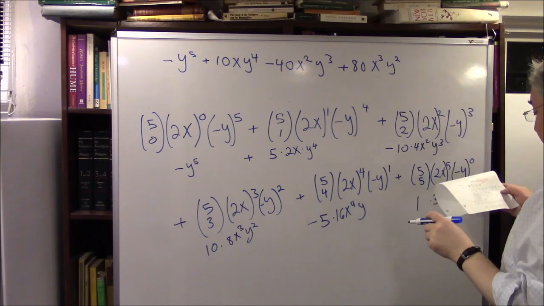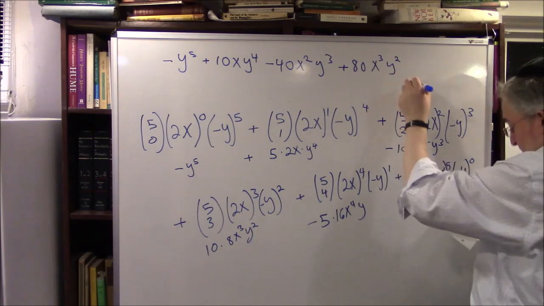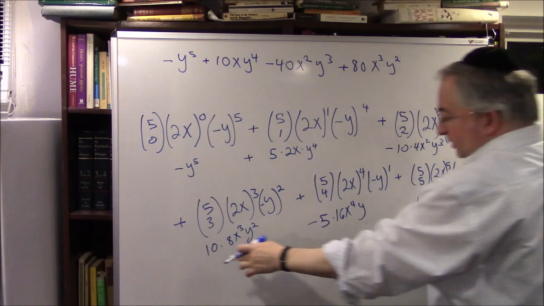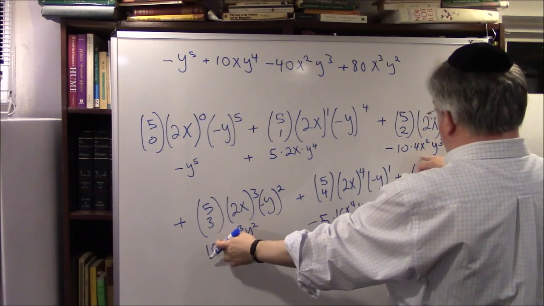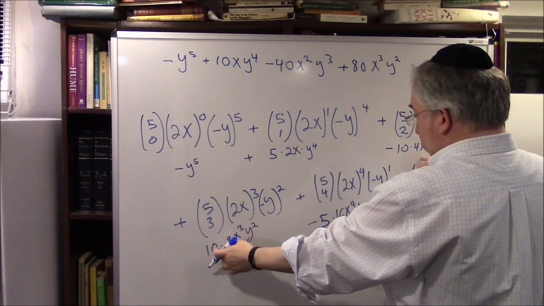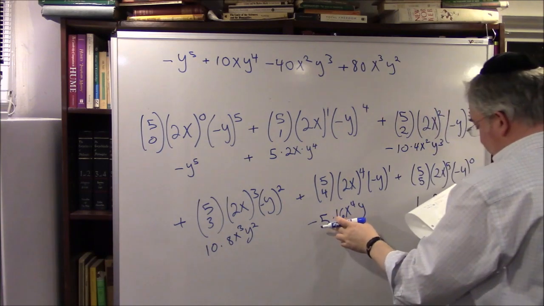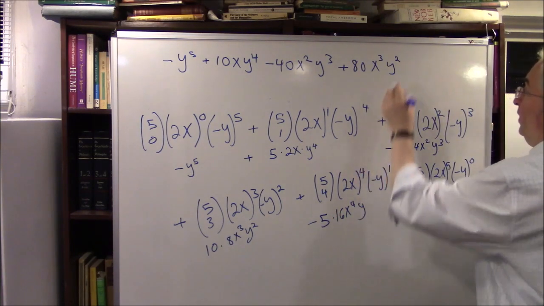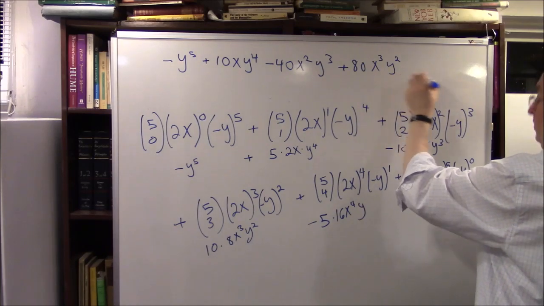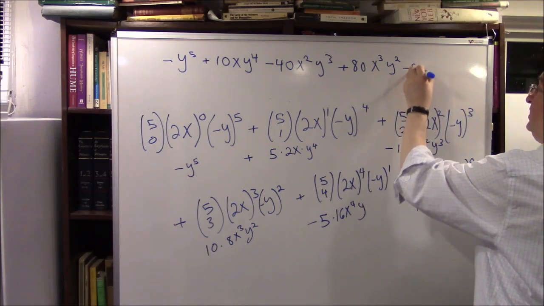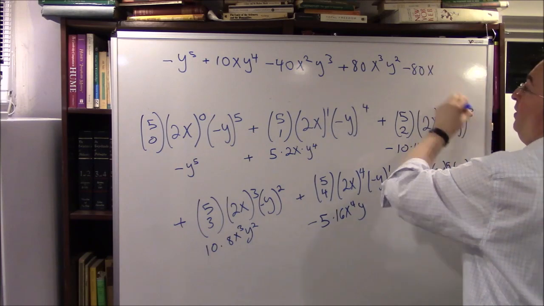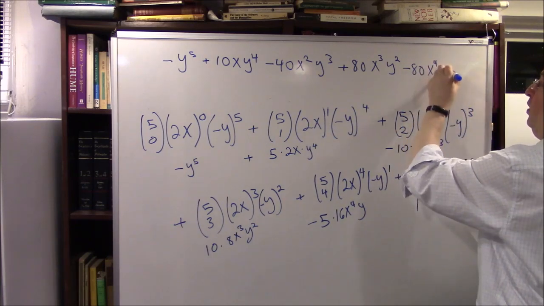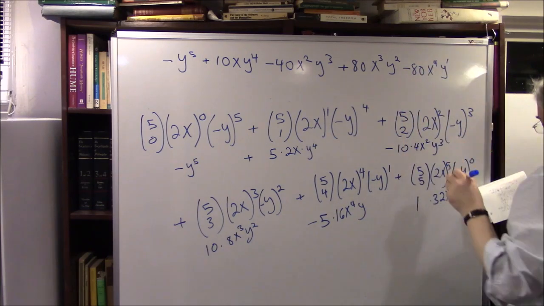Okay. The next one is 10 times 80. Again, 10 times 4, 10 times 8, 5 times 16. Minus 80x to the fourth y to the 1.